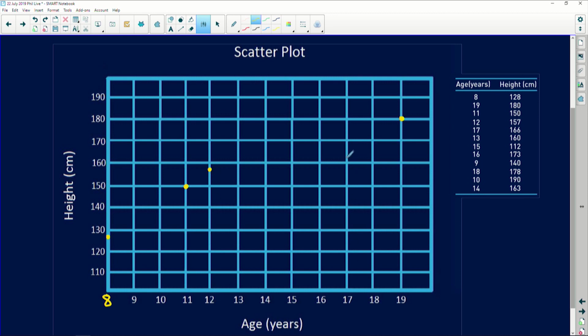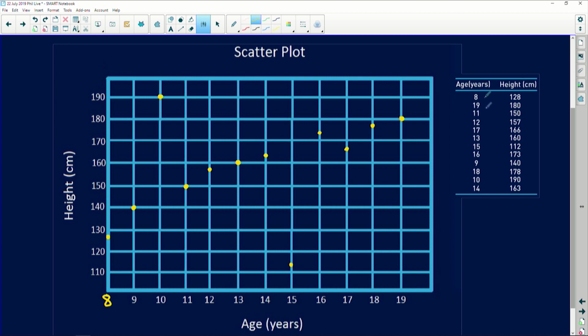17, it's 166. 13 is 160. 15 is 112. 16 is 173. 9 is 140. 18 is 178. 10 is 190 all the way up here, and 14 is 163, so it'll be about there.